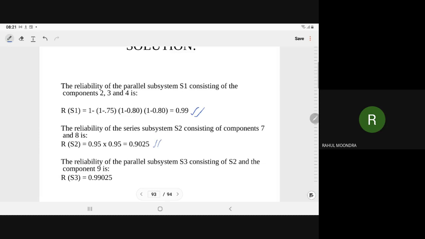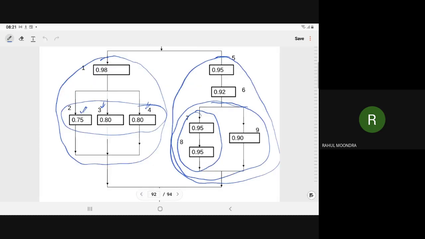Then the reliability of the parallel subsystem S3 consisting of S2 and component 9. So here we have this subsystem as S3, this subsystem as S1, this subsystem as S2. S3 consists of the parallel system of subsystem S2 and component 9.